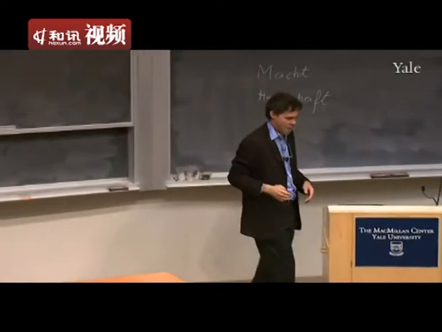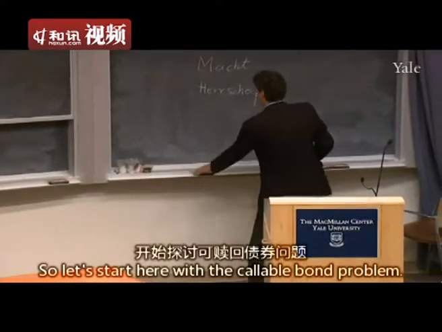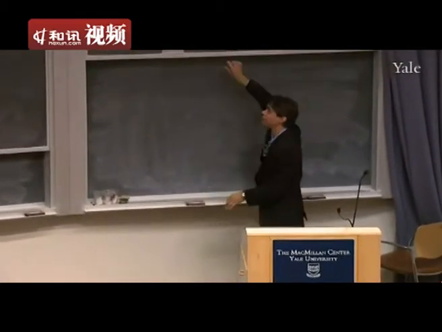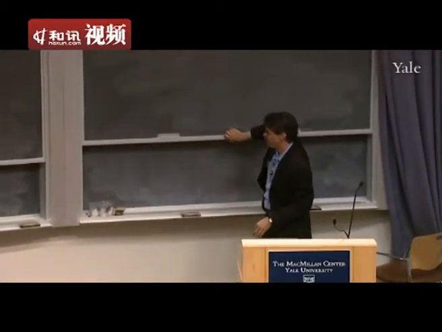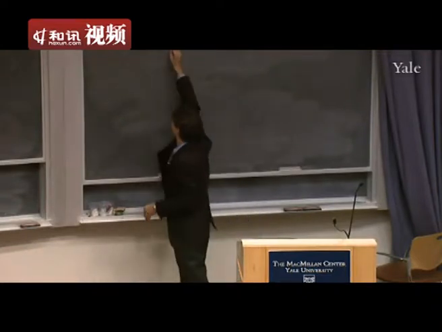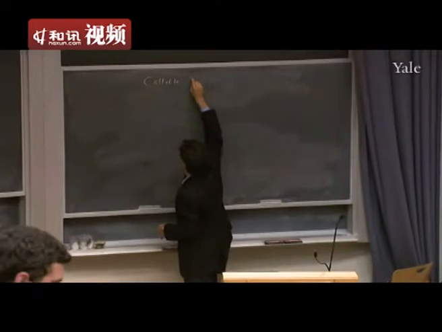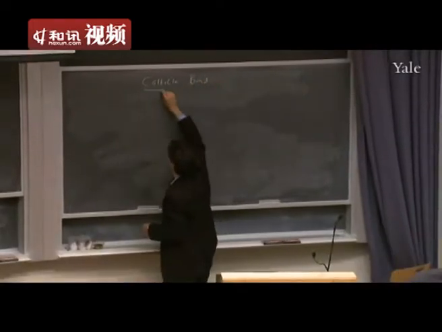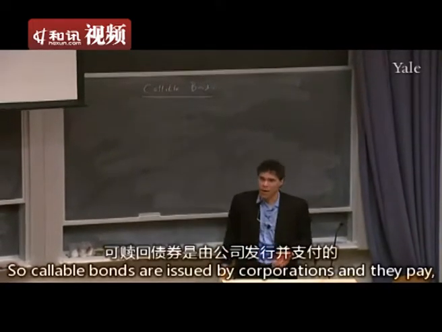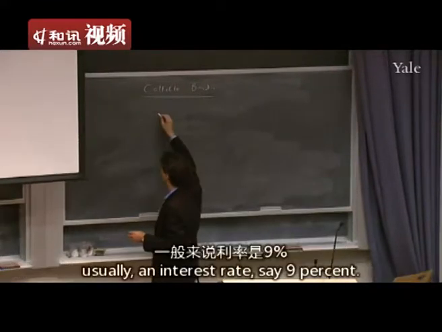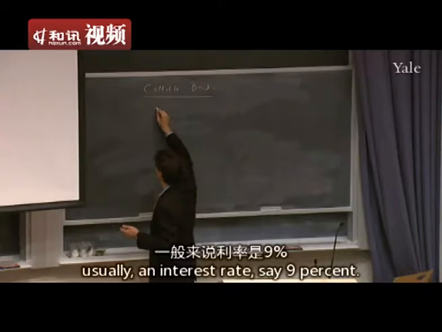So let's start here with the callable bond problem. Callable bonds are issued by corporations, and they usually pay an interest rate, say 9%.